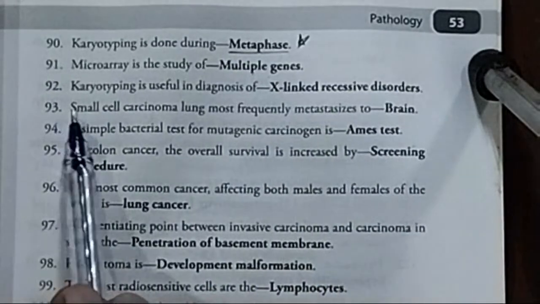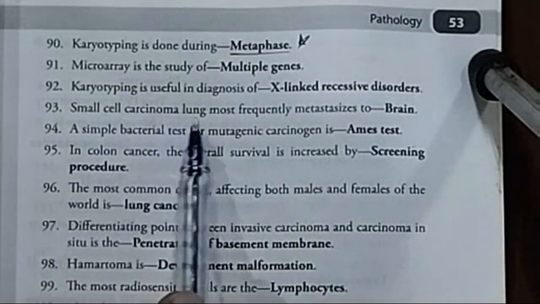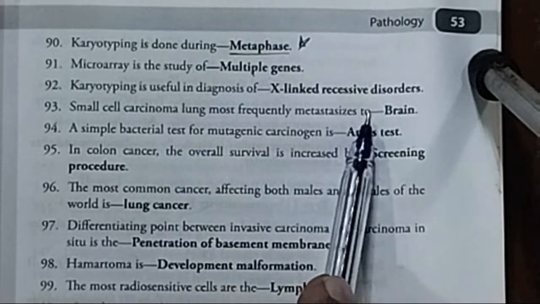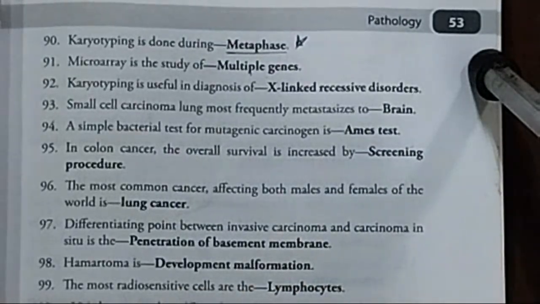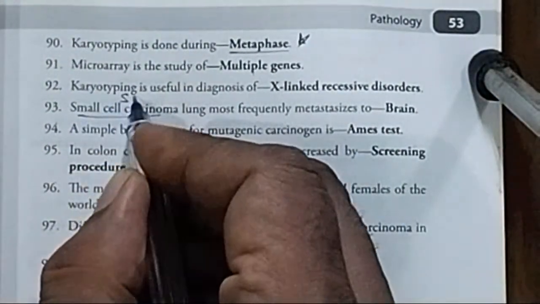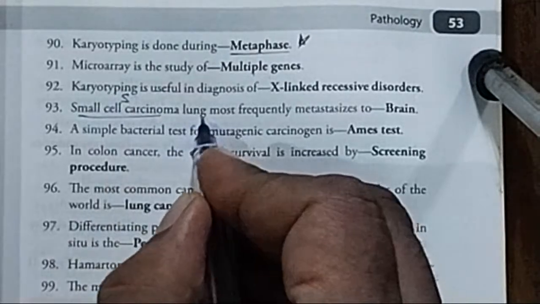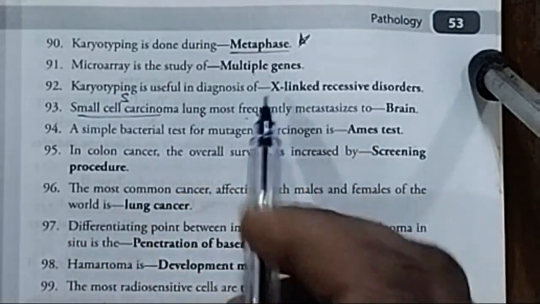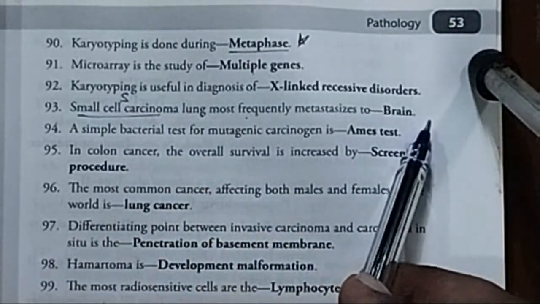The next important MCQ is small cell carcinoma lung most frequently metastasizes to which organ? So do remember, if it is small cell carcinoma lung, it most frequently metastasizes to the brain.